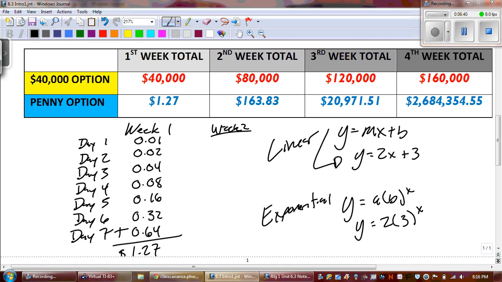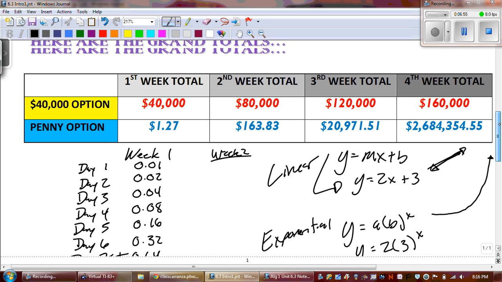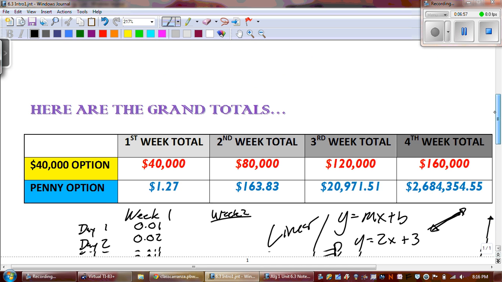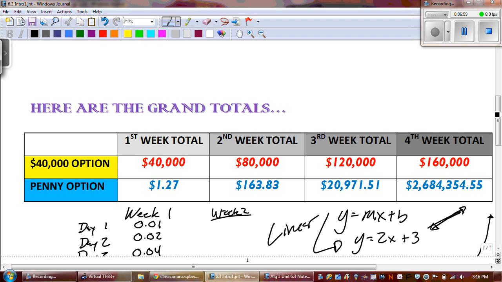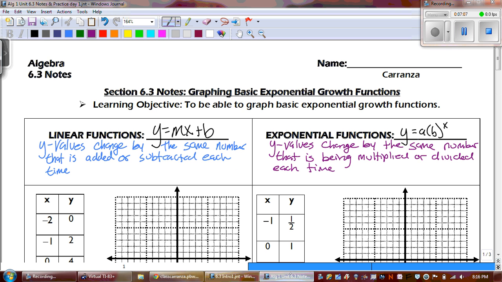And where it starts off real small, your graph makes a little, a little, a little, and then, boom, it shoots up really, really fast, where a linear equation is just a straight line. Now, this is something that you can try with your parents with your allowance. Say like, hey, instead of making $10 a week, how about you pay me a penny and double it for a month? See what they say. I'd love to hear it.